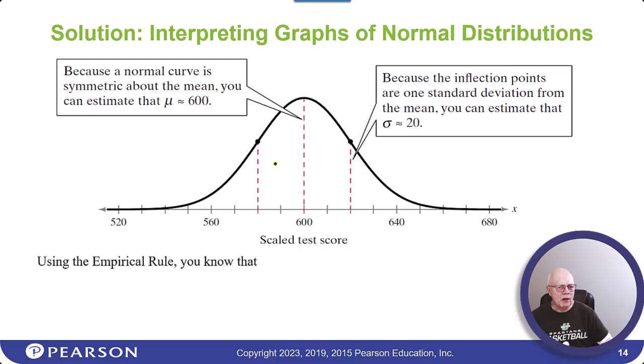Now, a little bit more and a little bit of review here again, too. Remember the empirical rule. We talked about this earlier. So right over here on the right.